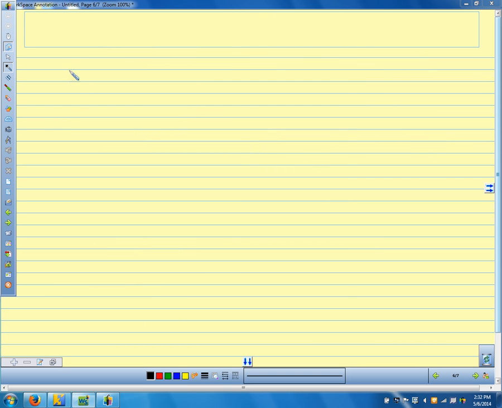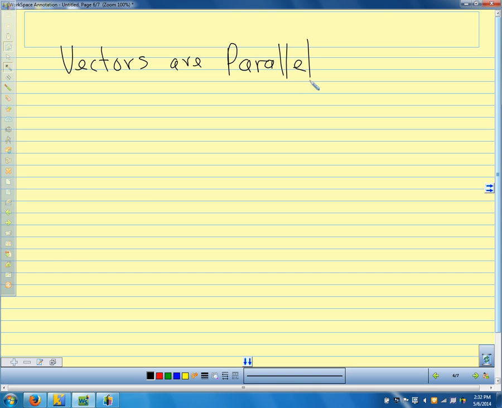Parallel vectors. You remember how we decided if vectors were parallel? They're going in the same direction. So there's an easy way to tell if they go in the same direction.